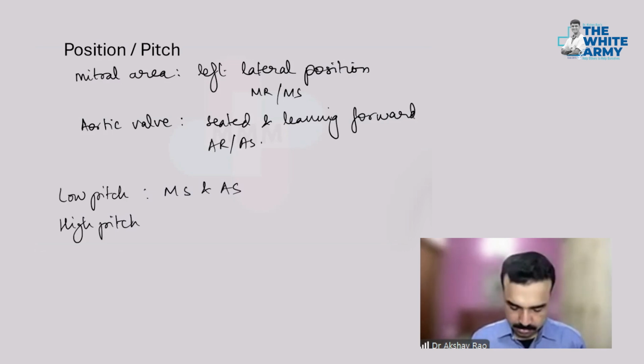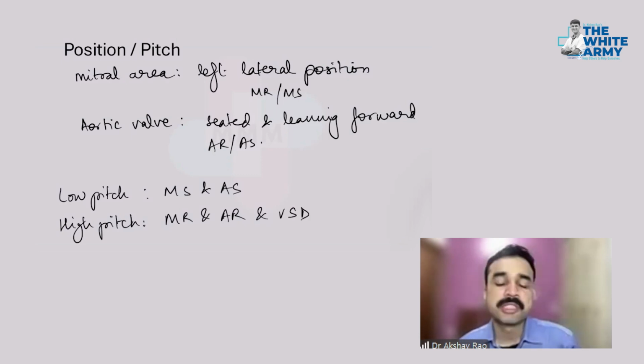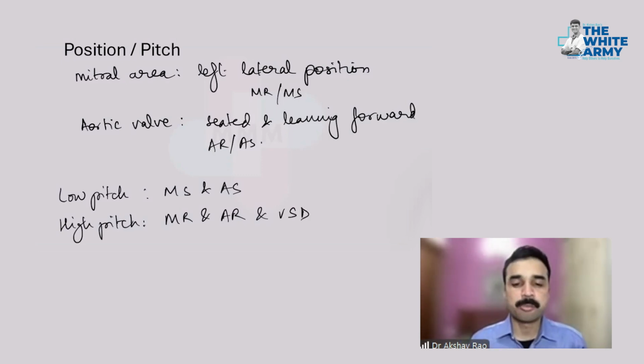Harrison's mentions it as a low pitched murmur, so I've gone with that. Whereas high pitch is for MR and AR, and VSD for that matter. Remember, murmurs are not just because of valvular problems. They can be because of septal defects also, and sometimes other pathologies. We'll come to that. So high pitch is MR, AR, VSD, etc. Low pitch is MS and debatably AS.